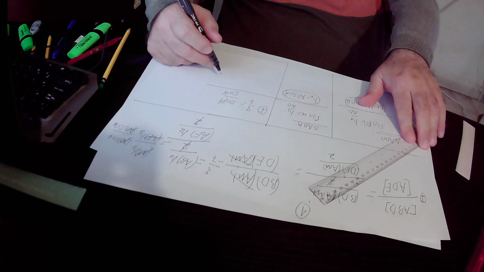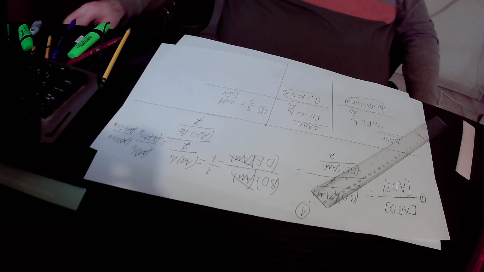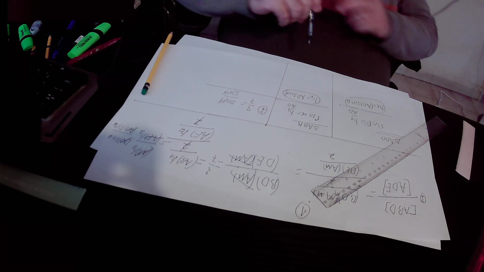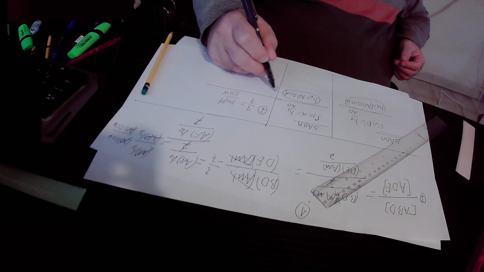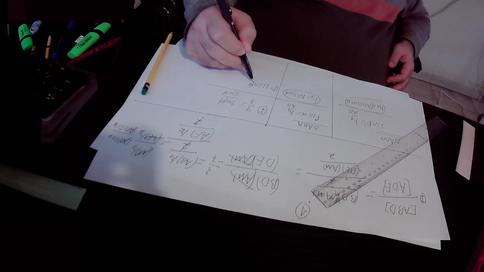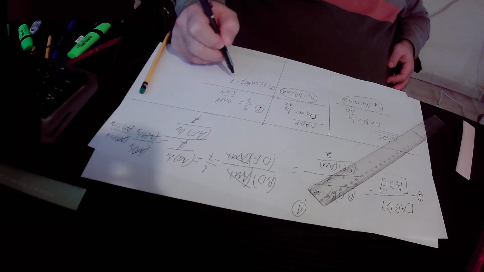So here we will cross multiply this equation number 1, and we'll get that 3 times sine alpha equals 7 times sine theta.